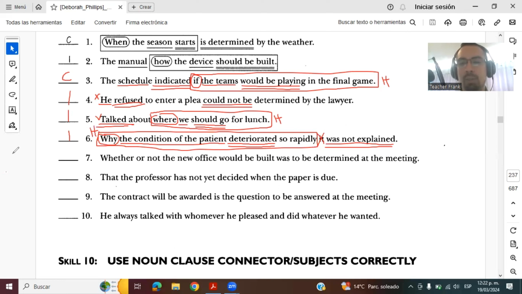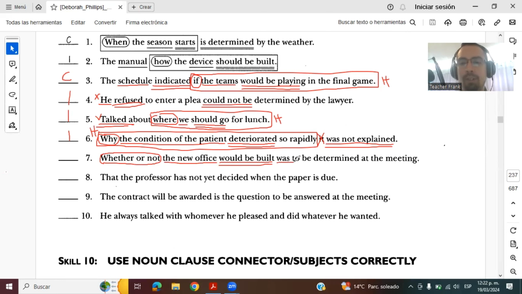Okay, let's look at number 7. Whether or not the new office would be built was to be determined at the meeting. Okay, whether or not is my noun connector. The new office would be built is my verb. The new office is my subject for the verb would be built.